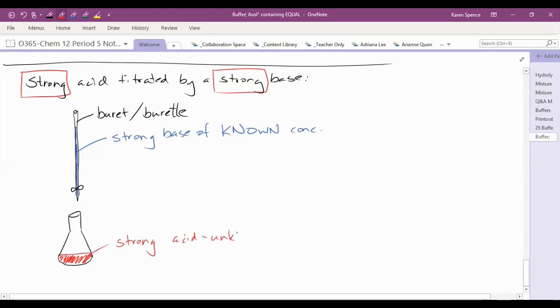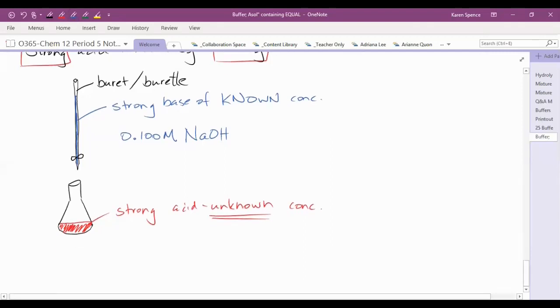Unknown concentration. Okay. And so let's actually put some values on this. In our burette, we have, let's make it a strong base, NaOH. That's our most common one. And let's make it a nice simple concentration. Let's make it 0.100 molar. Okay, so we know that concentration.